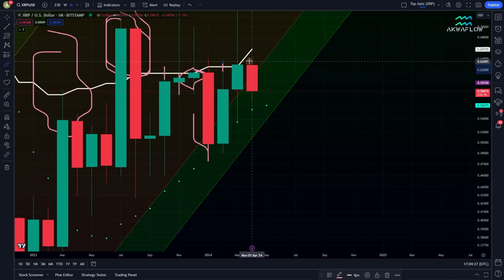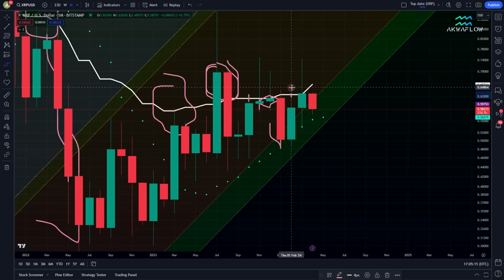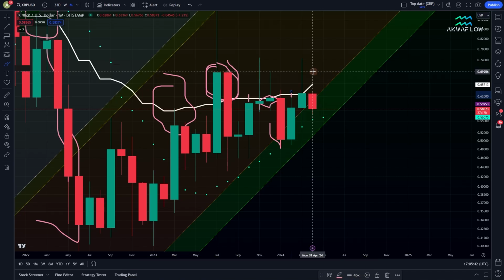And right now we see this red candle. So currently the white line is around a little bit less than 66 cents. So keep this level in mind. And even if we are able to close above it by the end of April, we will still need to wait for the end of May to have a full body closing above the white line.